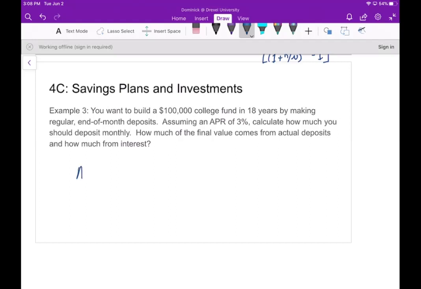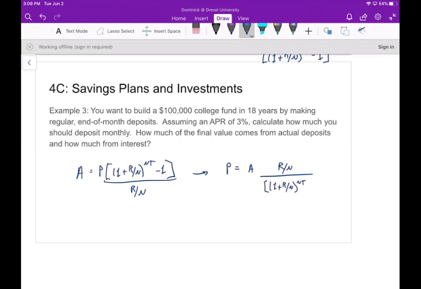So again, same formula, all over R over N. And of course, what we're going to want is to be solving for P. So really our formula is going to be P is equal to A times R over N all over 1 plus R over N to the NT minus 1.